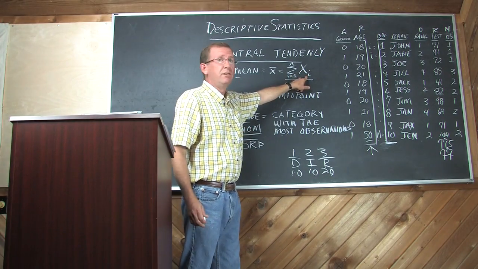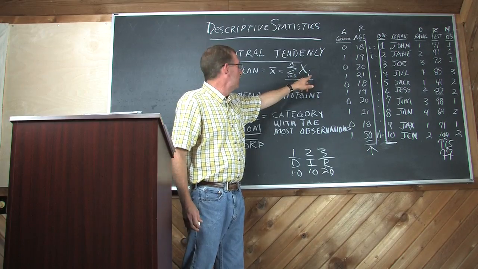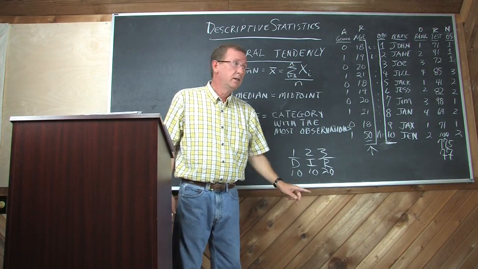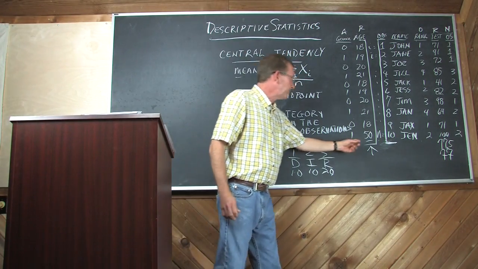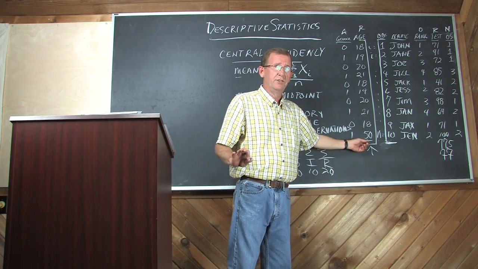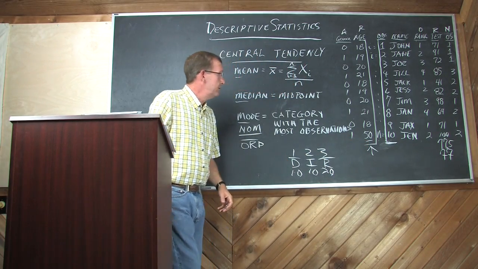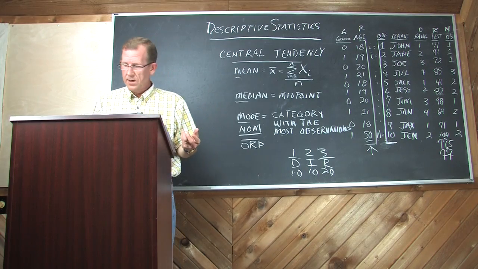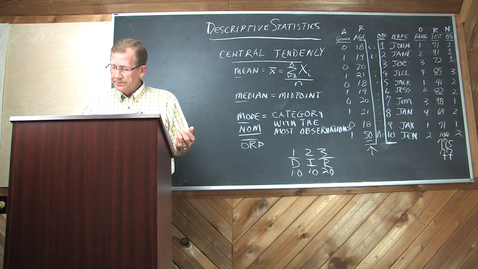This is because you're using all of the data. Every single observation sums into the mean, and as a result, one outlying observation can lead to a poor description of the ordinary value.